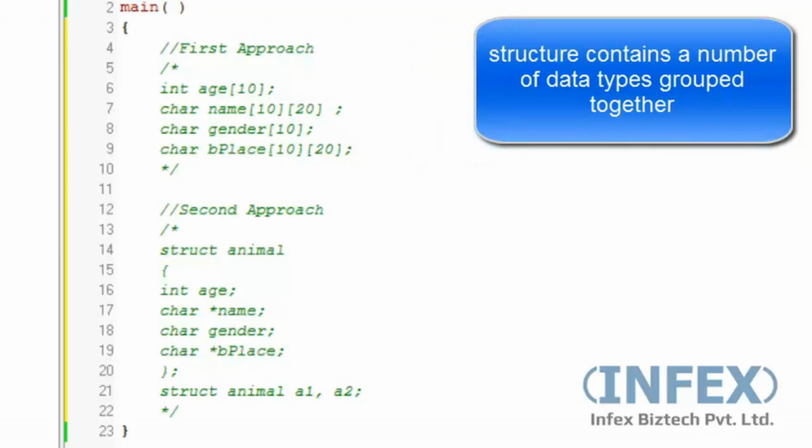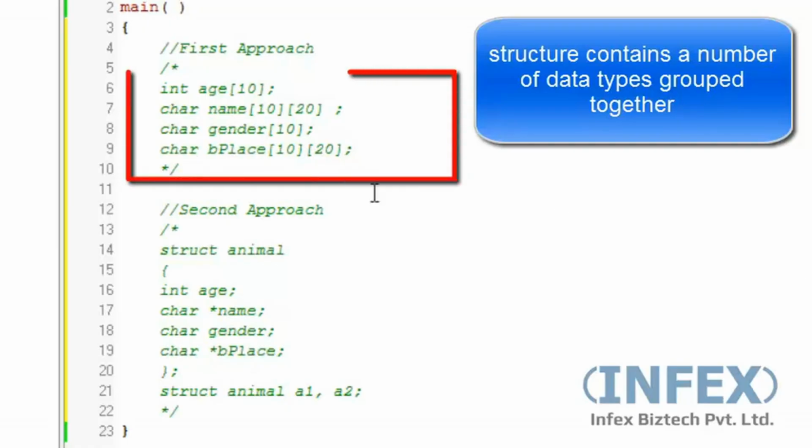Let's suppose you want to store basic information about an animal such as age, name, gender and birthplace. There are two approaches that can be followed to do this. The first is to use one array each to store the properties of the animal, as shown in this program. Here, in the first approach, we have to create a separate array for each property.